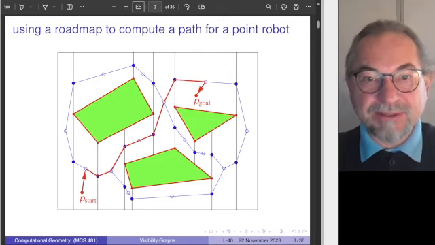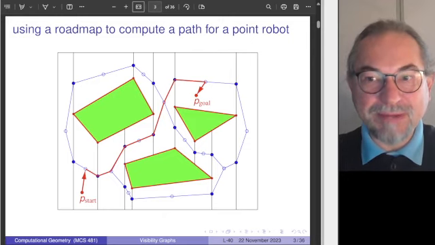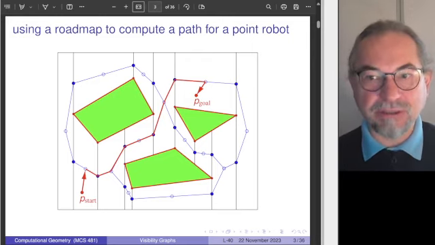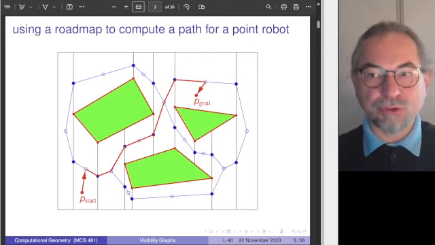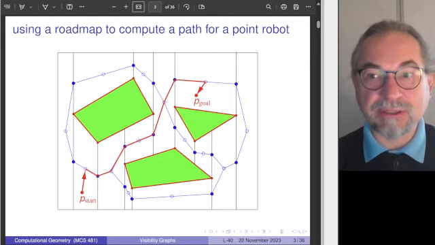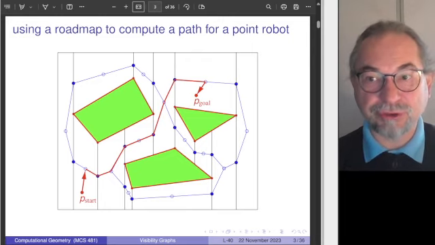We've seen that the cost of computing a trapezoidal map is n log n, where n is the number of obstacles, where these obstacles are polygons with a modest number of vertices. And the construction of the trapezoidal map is actually the main cost, so the n log n.